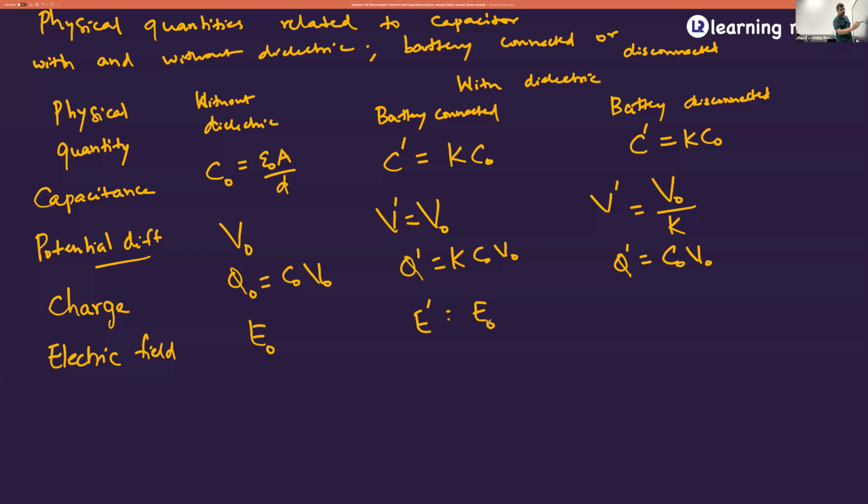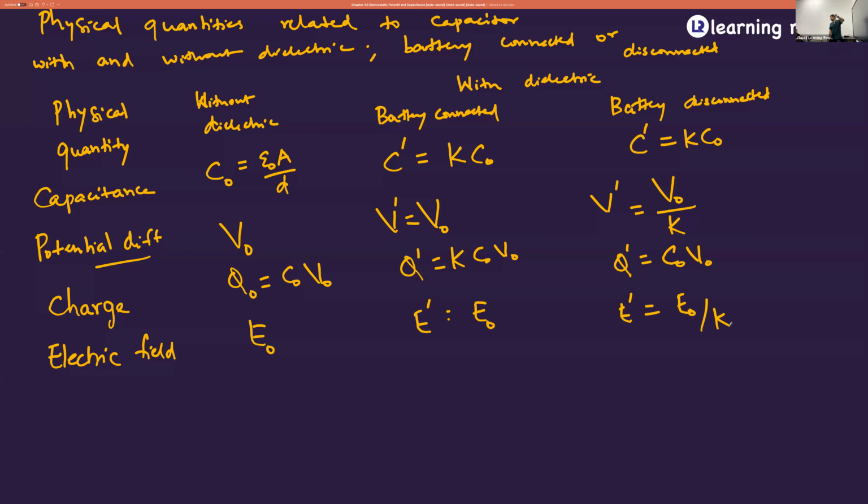Whereas what will happen here? It will become E naught by K. So I'm taking the reference of both because E is equal to V divided by D. Electric field is potential gradient. V by D, right?